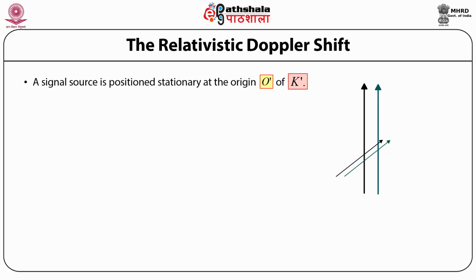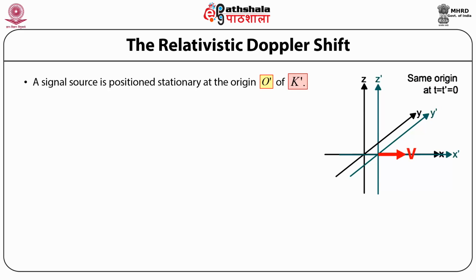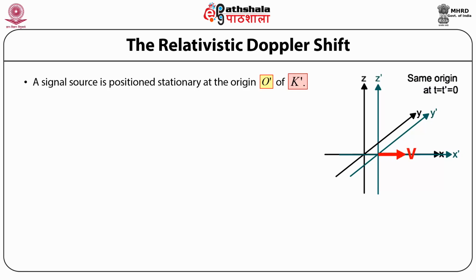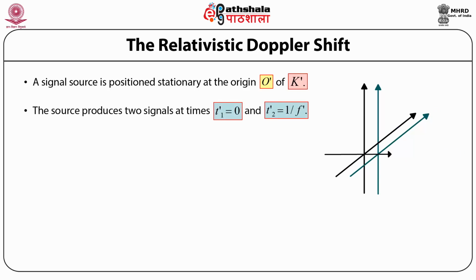So consider a signal source which is placed at the origin and is stationary in one frame of reference, and let us consider another frame of reference which is moving with a speed v along the x-axis or the x prime axis, having its origin O prime. Then the source produces two signals at time t1 prime, which is equal to 0, and time t2 prime, which is equal to 1 upon f prime.